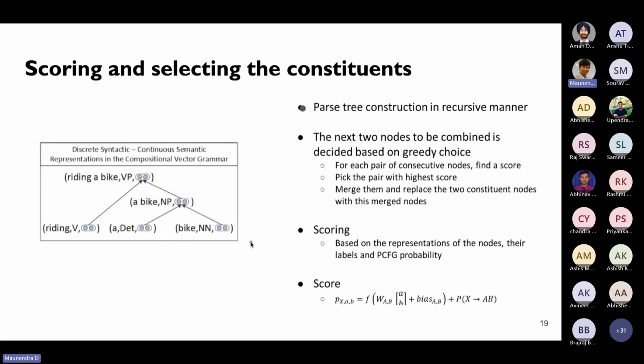From a paper, I'll give you the link to the paper. Once you generate the parse, at that point, you compare that with the ground truth parse. And the loss function could be based on the probabilities of these two parses.